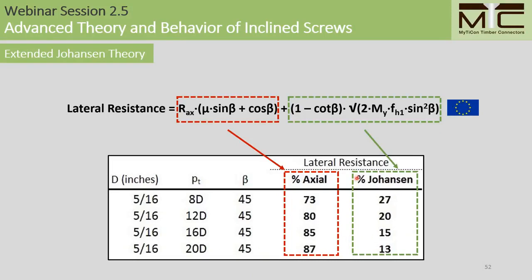At low thread penetration depths, where the ratio between the axial capacity and the lateral capacity is less severe, the proportion of the connection strength being neglected tends to be higher, in this case, 27%. However, for longer thread penetration lengths, such as 20D and spruce pine fir, by assuming axial effects alone, as we do in the Truss model, it looks like we still achieve approximately 85 to 90% of the total theoretical connection strength at an angle of 45 degrees.